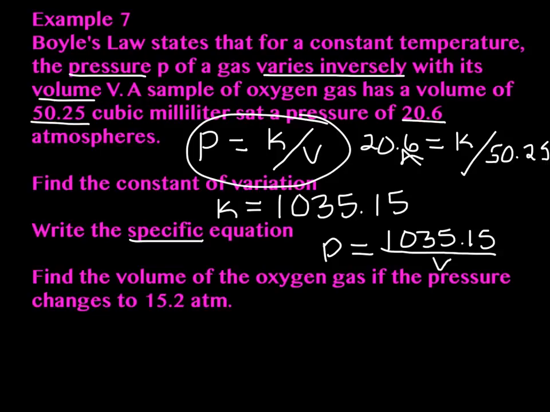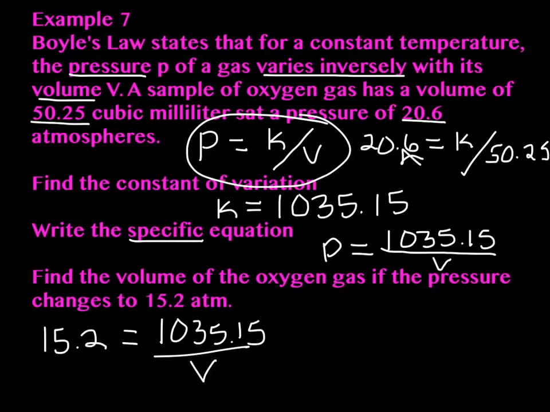Okay? And then it says find the volume of the oxygen gas if the pressure changes to 15.2 atmospheres. So I'm going to put 15.2 in for the pressure. Remember, make sure you put it in for the right variable. 15.2 equals 1035.15 over V. If I'm solving for V, all I have to do is essentially switch these guys' places.